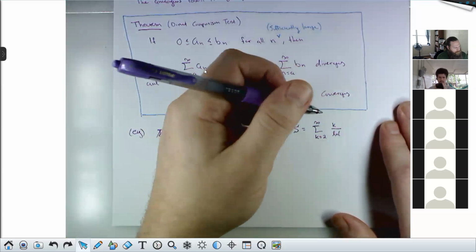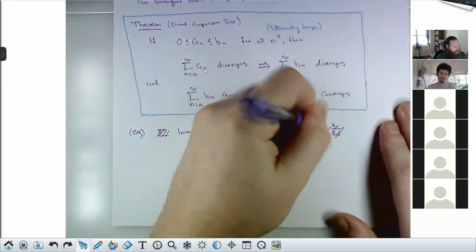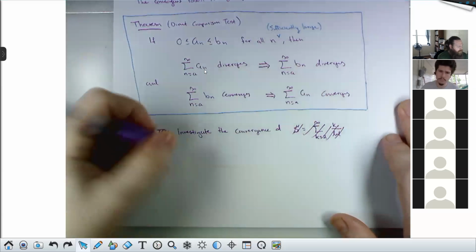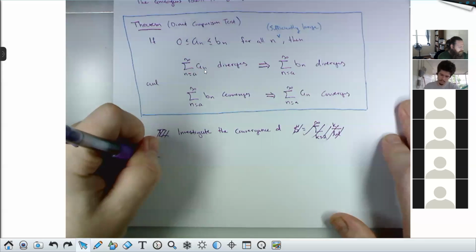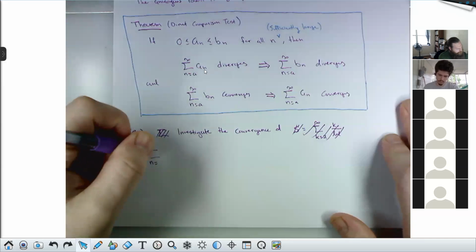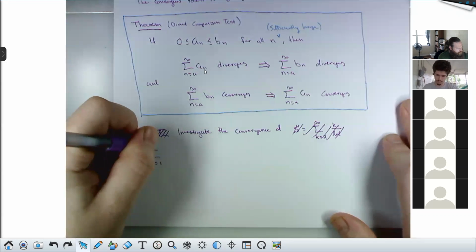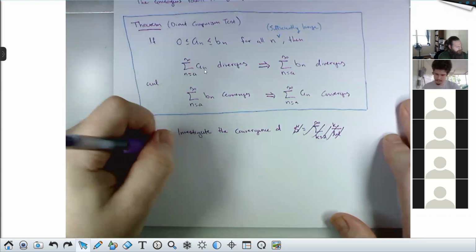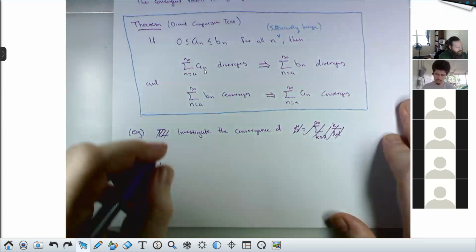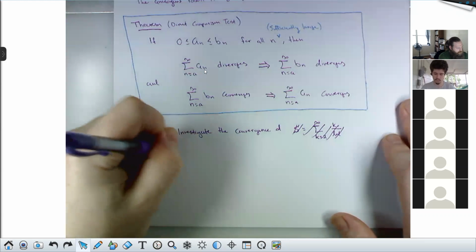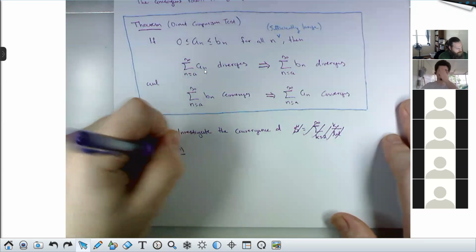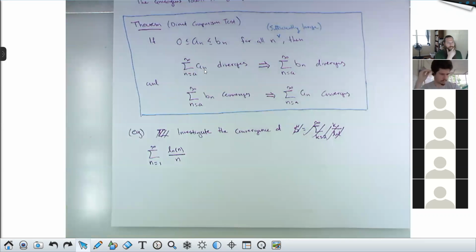Do we want to do this? No, actually, sorry. Let me alter this. I don't want to start with something too confusing. Let's start with the sum over n from 1 to infinity of the natural log of n over n. Yeah, this will be easier.